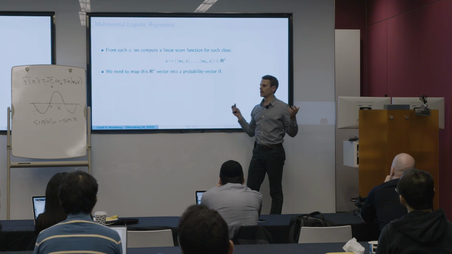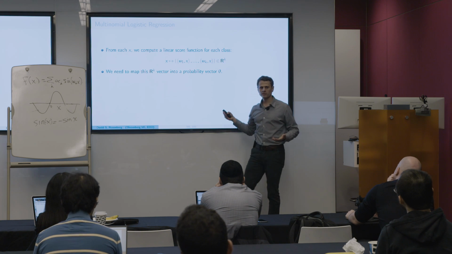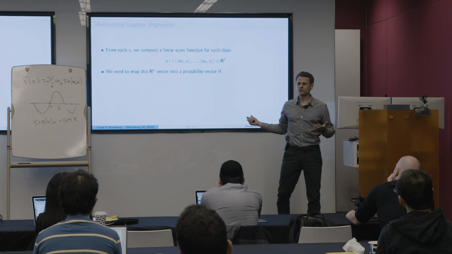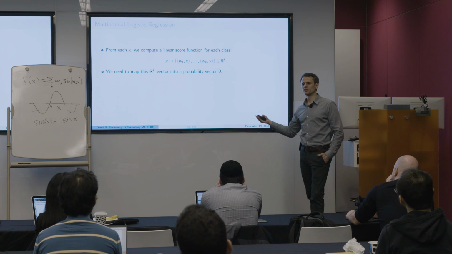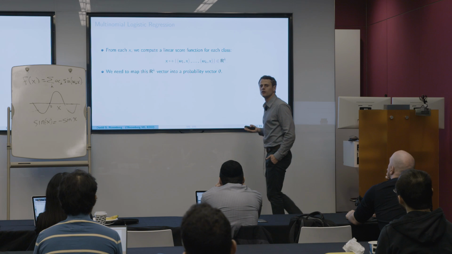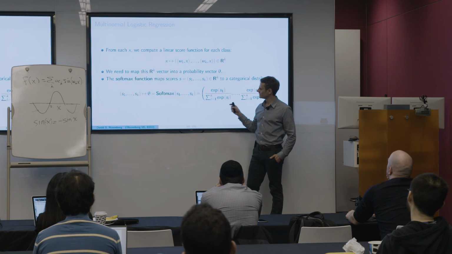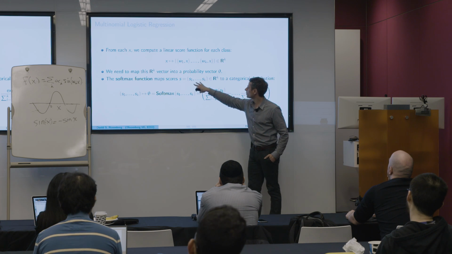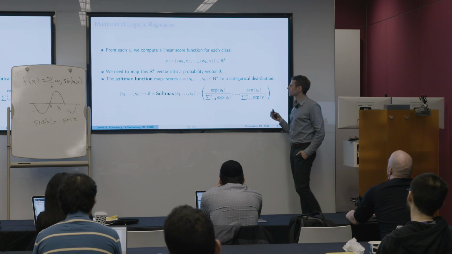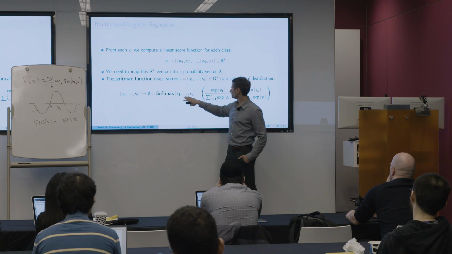We would classify by whichever score is greatest if we want to do hard classification, but if we want a probability vector, do you remember how we're going to map these scores into a probability vector theta? There's a function we talked about. Yeah. It's called softmax. The softmax function takes K scores, or arbitrary reals, and sends them to a vector theta.